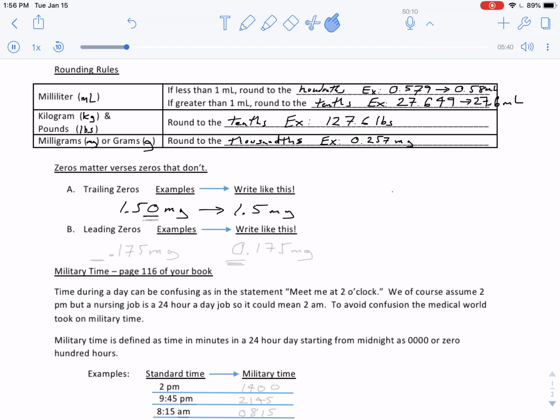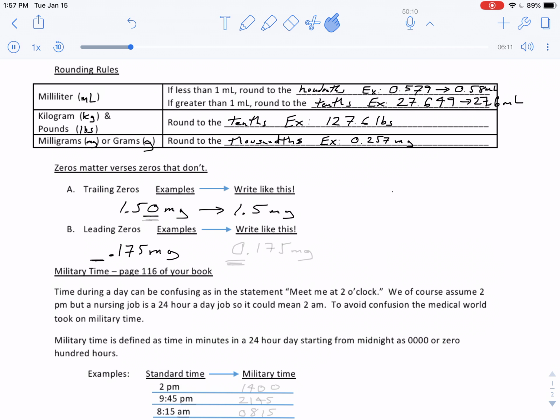Same thing goes for leading zeros. Well, kind of the opposite thing, I should say. The opposite thing being, so if I had, for instance, .175 milligrams, right, this is a little confusing because we're missing something here to really be able to see this dot, right?